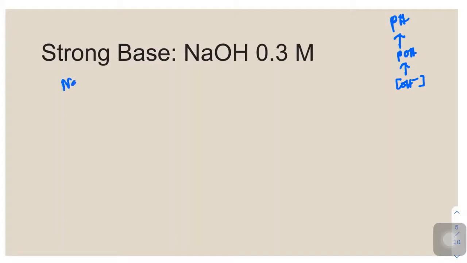If we have sodium hydroxide, it will dissociate into Na plus ion and OH minus ion. If initially we have 0.3 molar of sodium hydroxide, all of it will 100% dissociate into 0.3 molar of Na plus and 0.3 molar of hydroxide ion. So this is the concentration of the OH minus.